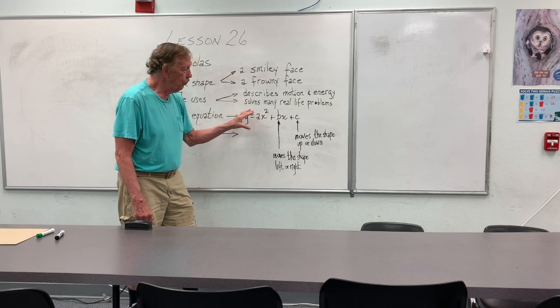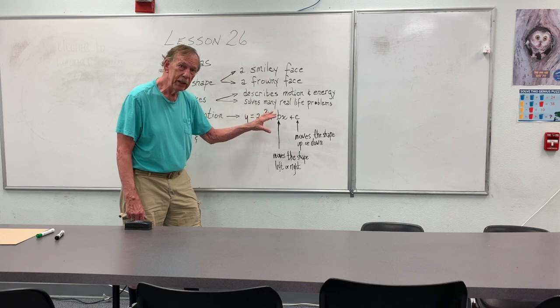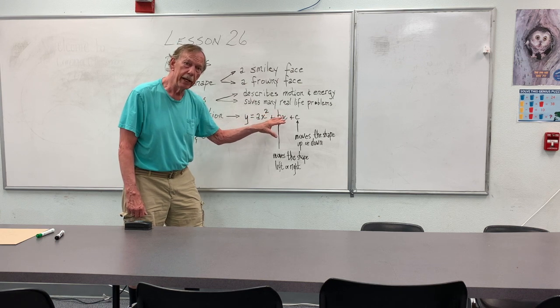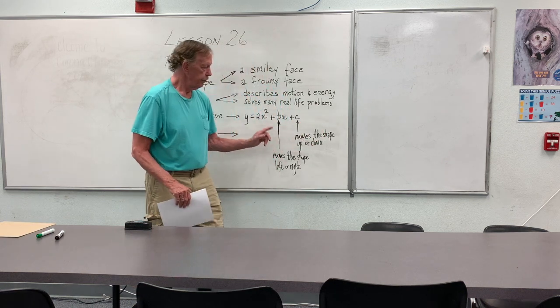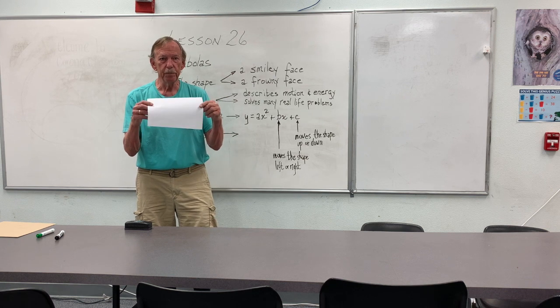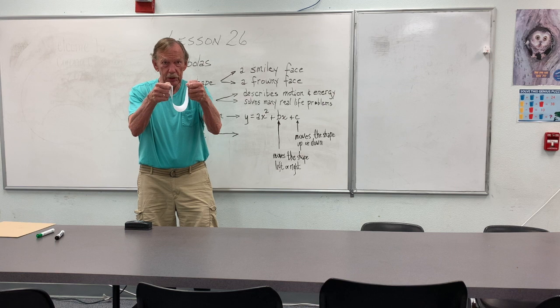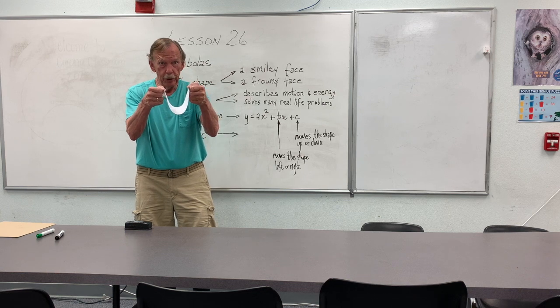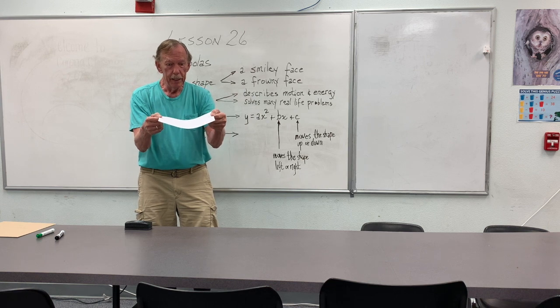So when we look at the equation, we can tell a great deal about where this parabola is located on the graph. The A term is going to describe the steepness of our parabola. So if the sides are really steep, A is quite large. If the sides are not so steep, A is smaller, and it can get very, very small.